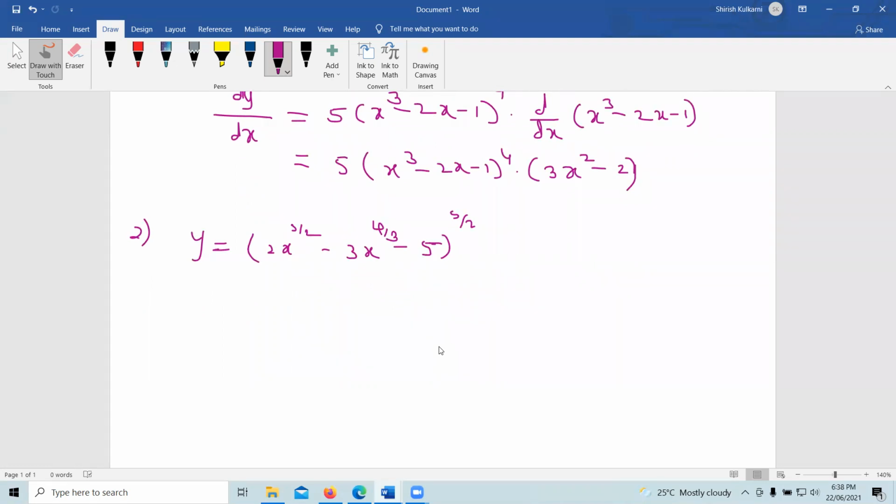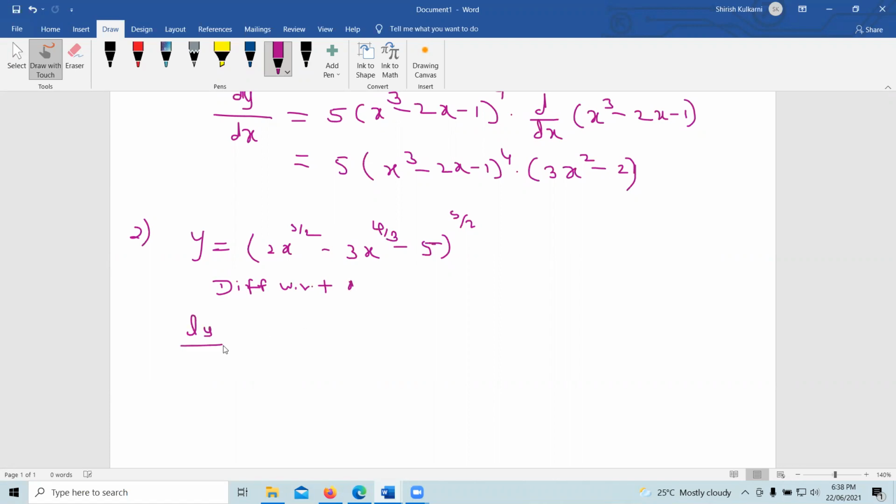Then differentiate with respect to x, ये एक statement लिखना है ना, differentiate with respect to x, ये statement लिखना है। तो dy by dx कितना होगा?